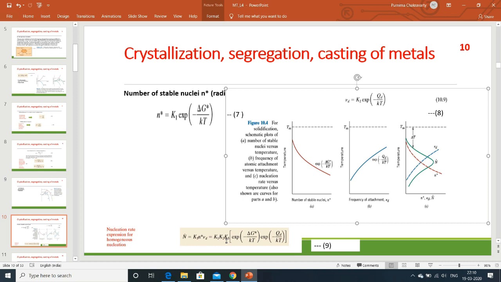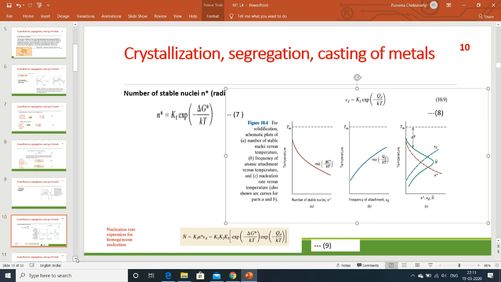Here you can see that on lowering the temperature below Tm, the nucleation rate first increases and achieves a maximum, and subsequently it diminishes. So it first increases and slowly decreases. And del T is the cooling required for the whole process.